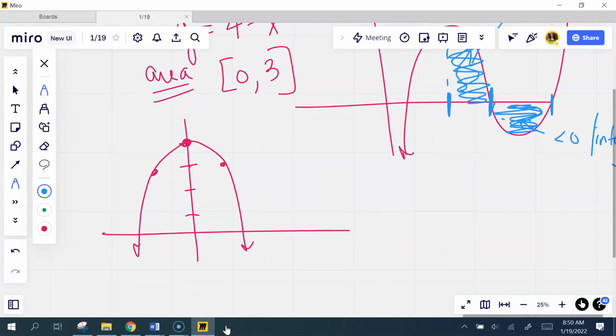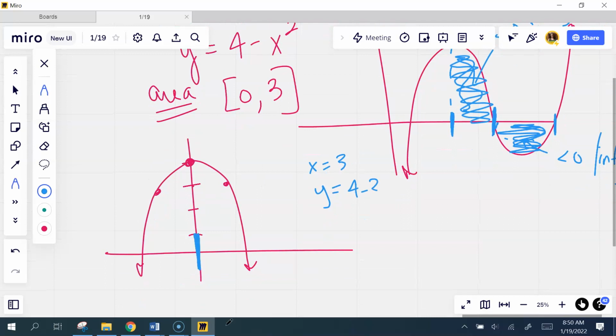So I want from 0 to 3. We agree? Where does 3 happen? Four minus 3 squared, 4 minus 9, which is negative 5. That's exactly right.